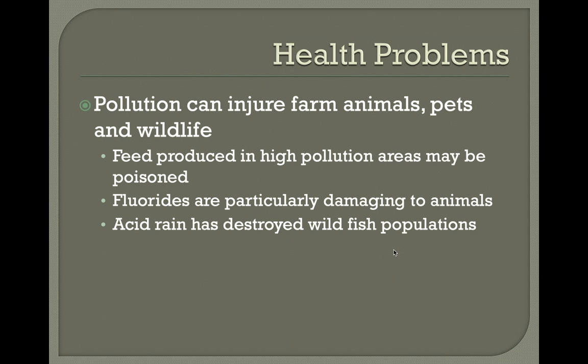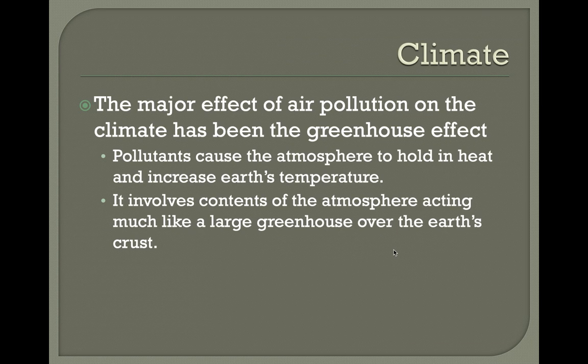A lot of them develop cancer, tumors, things like that because of the health problems that they have just from being in a polluted area. Fluorides are damaging to animals, and again, we already mentioned acid rain, but that has a tremendous effect on wild fish populations. The climate, we mentioned this before.